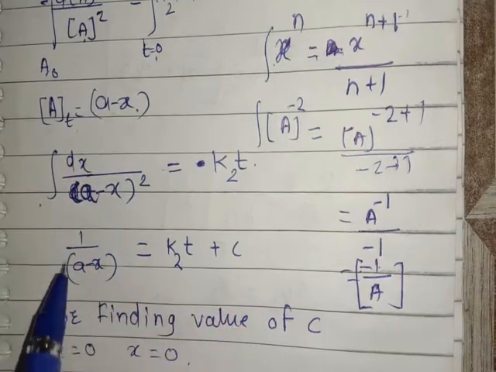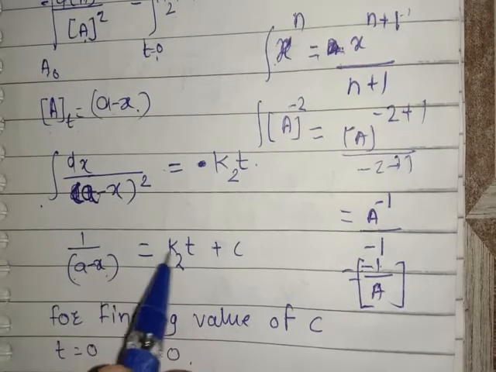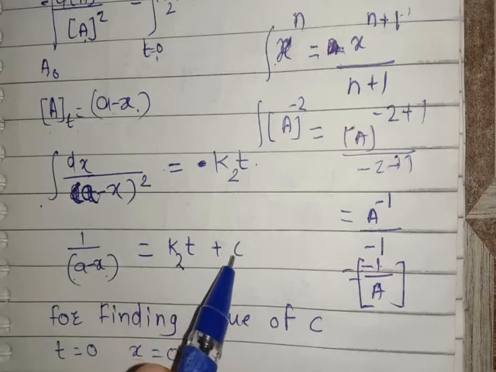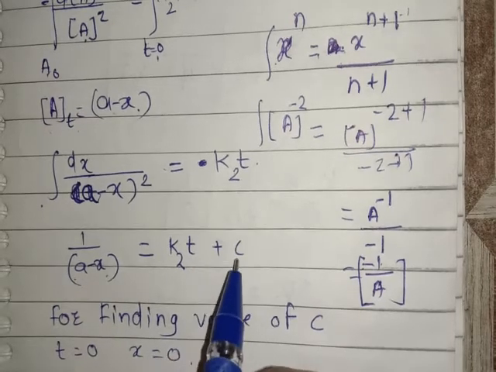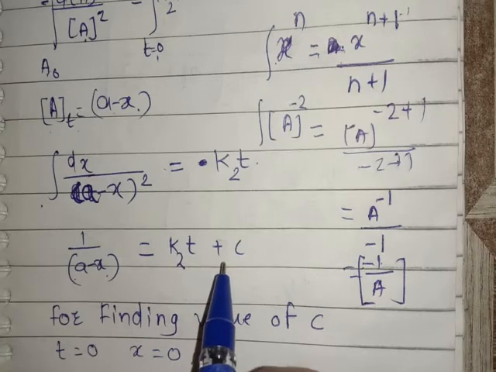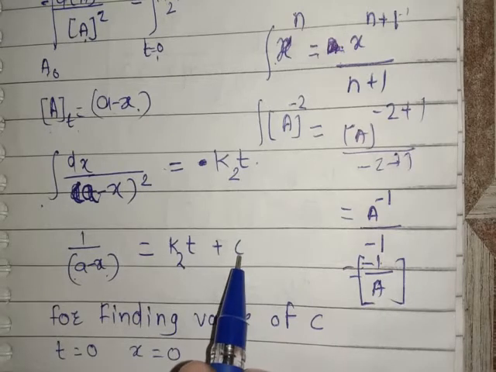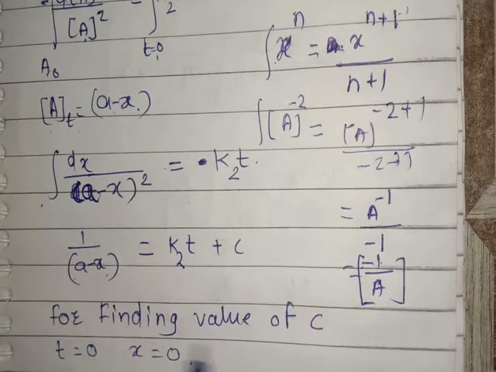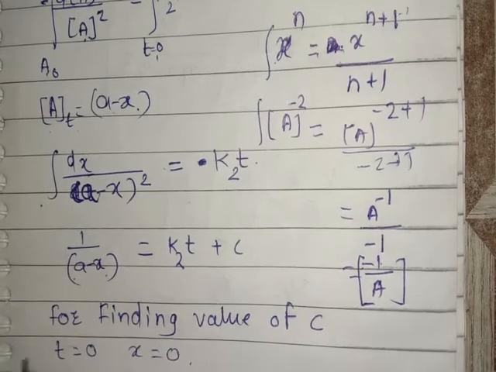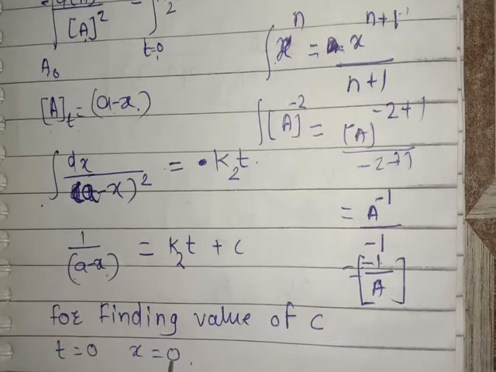So we can write directly 1 upon a minus x is equal to k2 into t plus c. Now here c is the constant which is introduced because of the integration. Now for finding the value of c, we have to introduce t is equal to 0, then x is equal to 0.